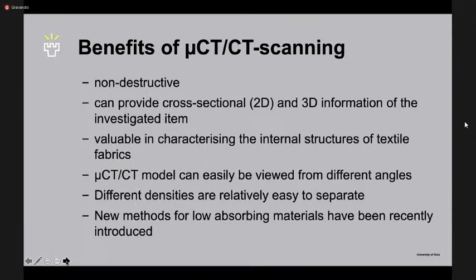Furthermore, it has been found extremely beneficial that you can view the three-dimensional images from different angles, with cuttings in the orientations that you prefer. It is an excellent method if you have materials with different compositions that you can visualize as different densities. And as I mentioned, there are these new methods becoming available for low absorbing materials. Next one.